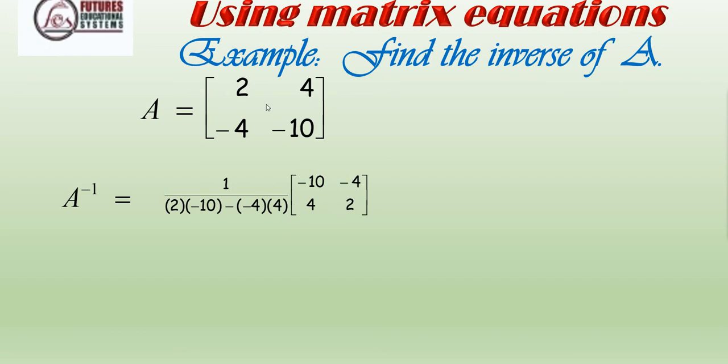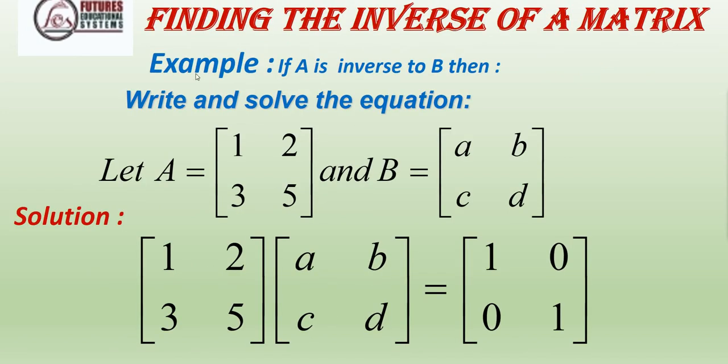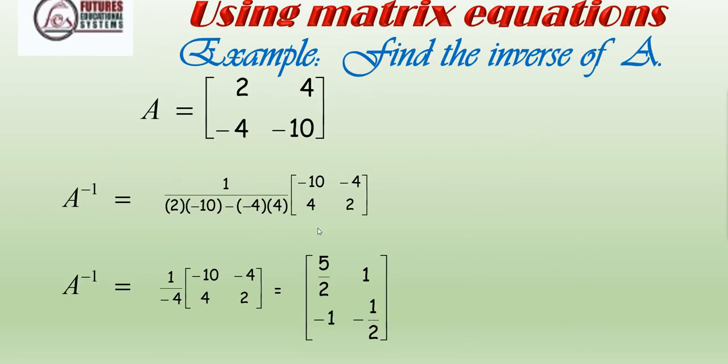And between brackets, change the position of the main diagonal and change the sign of the second diagonal. The result equals 5 over 2, 1, negative 1, negative half. That's the inverse of matrix A.